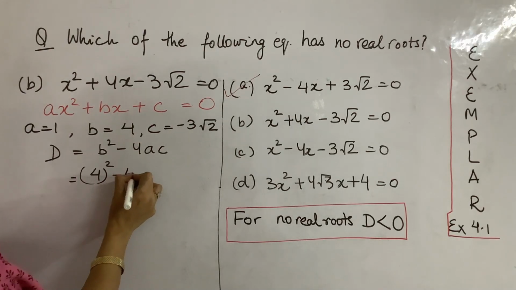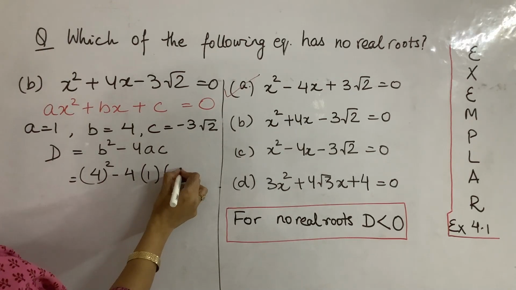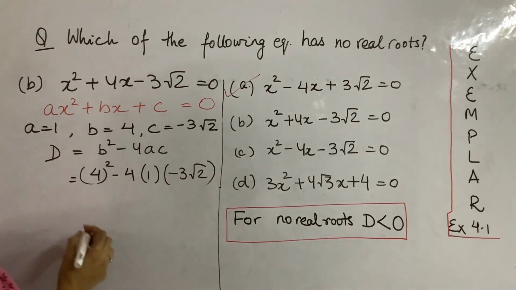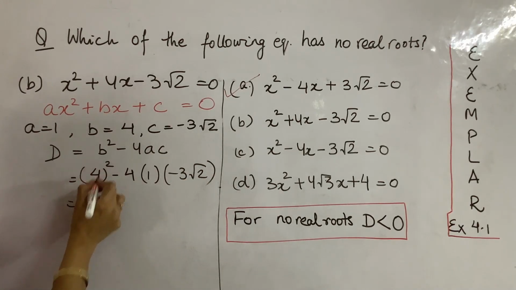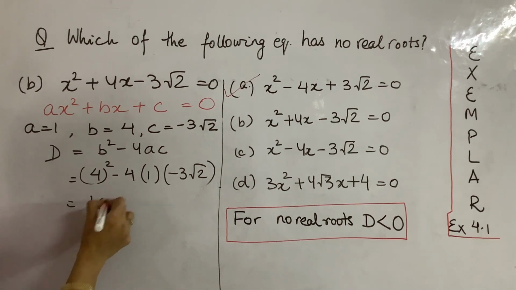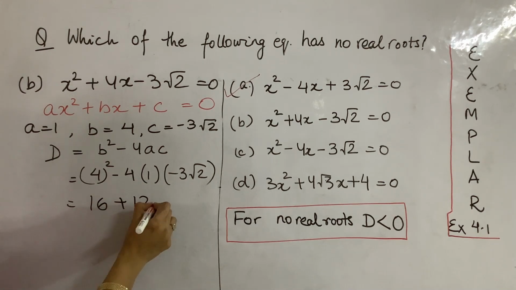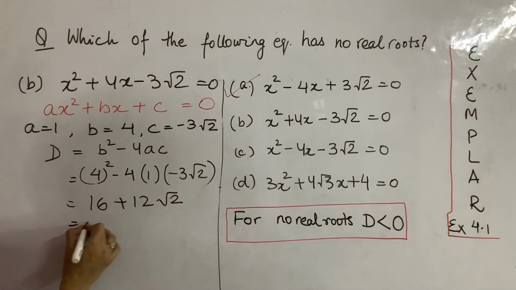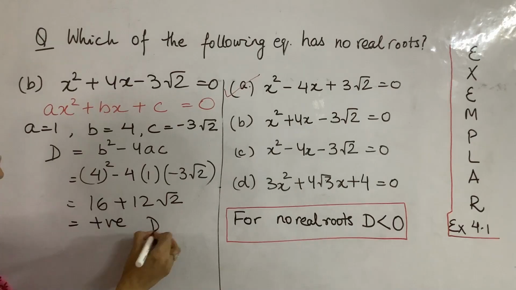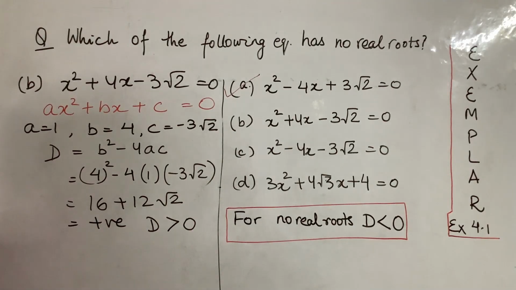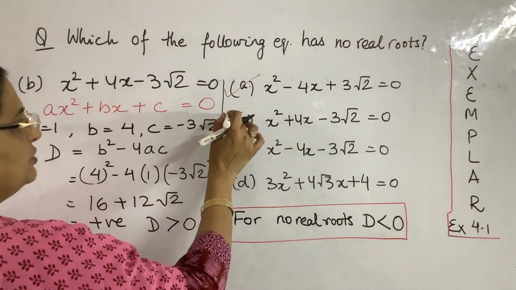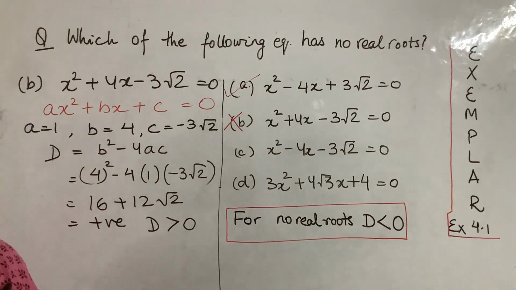Substitute the values and work it out. So 4 4s are 16, minus minus plus 12 root 2. You don't have to calculate it. You just say that the value will be positive, that is d will be greater than 0. d is greater than 0 means it will have real roots. So this is not having no real roots.